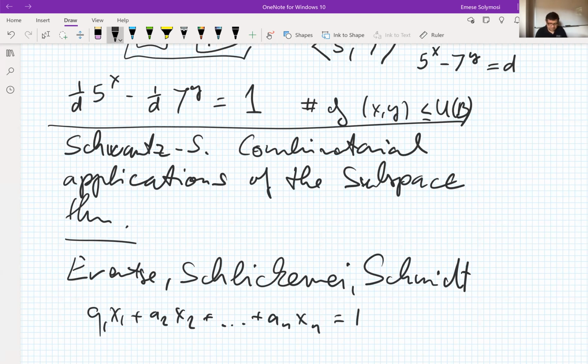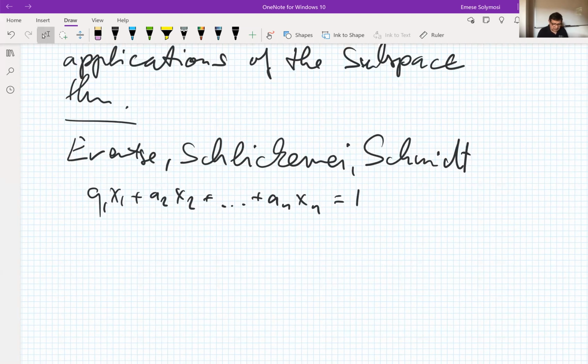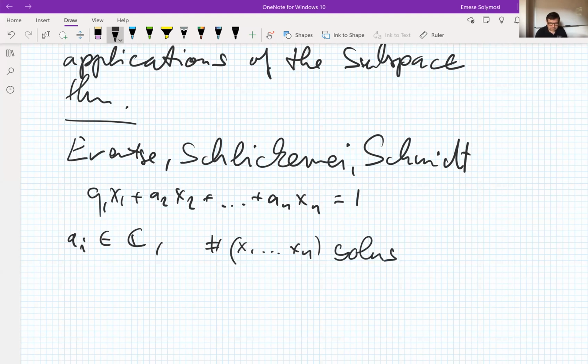And we are searching for the number of solutions of this beautiful equation. The a_i are arbitrary numbers, for us from the complex numbers. They state it for other closed fields also, but let's not worry about it. And we count the solutions x1 to xn where these are from gamma.